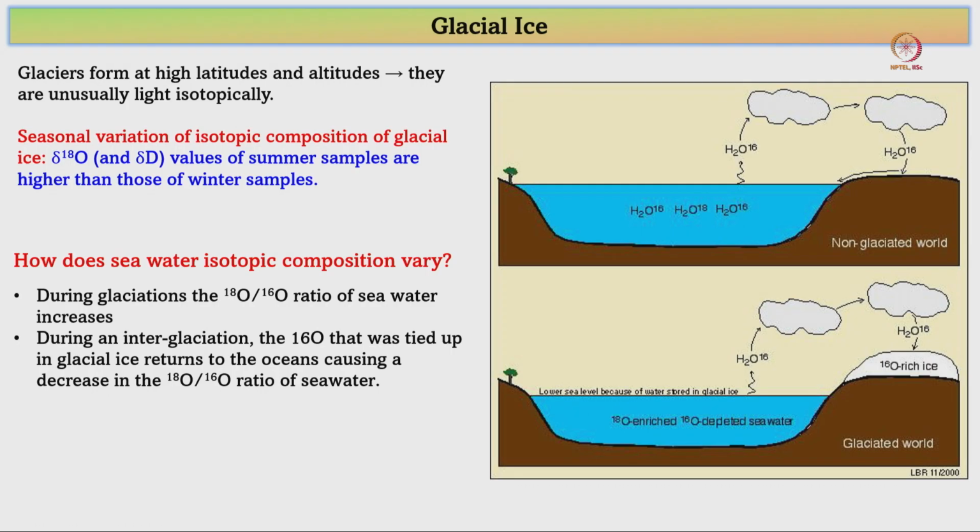That is, when the water is evaporating from the ocean, all the H2O, which is like H and this is oxygen in the 16 form, first they are going to get evaporated and they are going to get precipitated over the land. Now, during non-glaciated times, what happens is that this precipitation also comes back through runoff, rivers, groundwater discharge back to the ocean. So, the hydrological cycle gets completed.